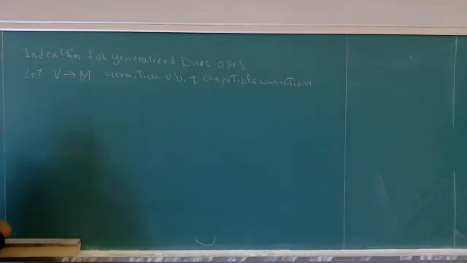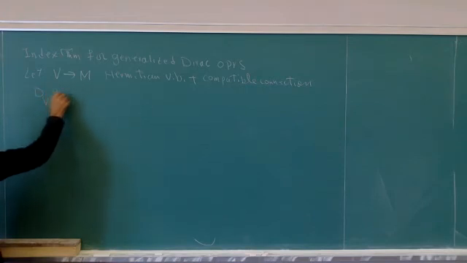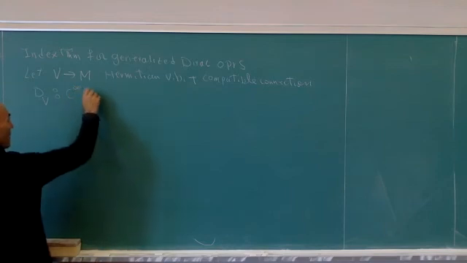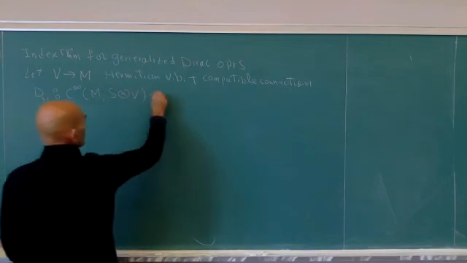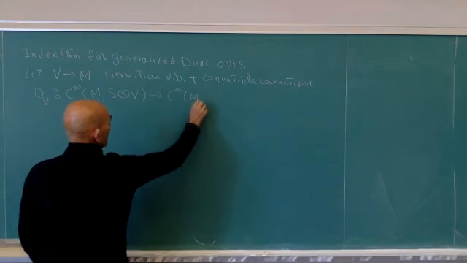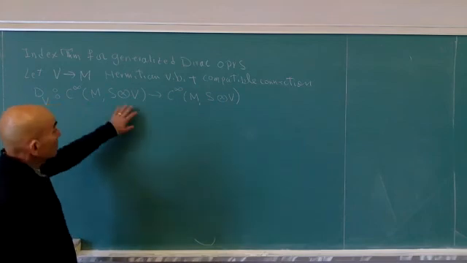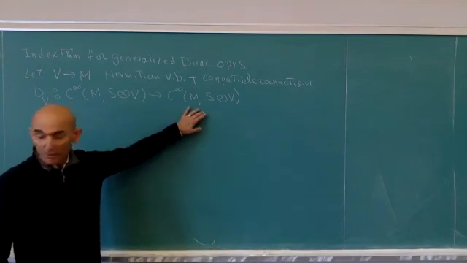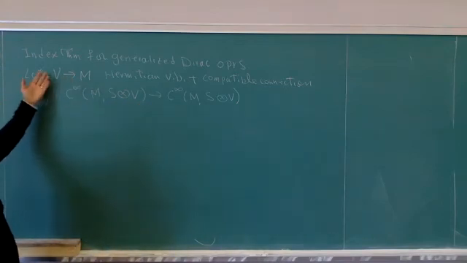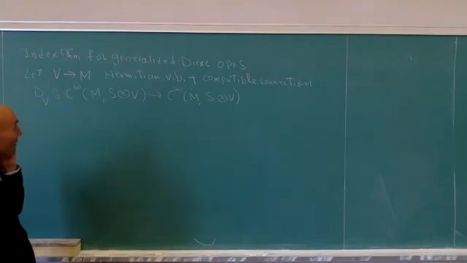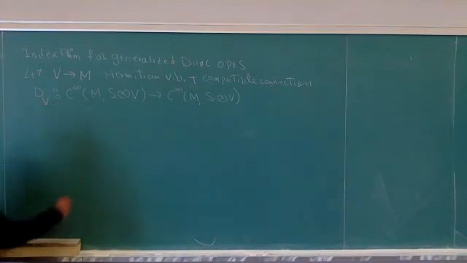And so then we have reconstructed this Dirac operator D_V, which goes from C infinity of M, S tensor V, to C infinity of M, S tensor V, right? So this is more general in the sense that we have now these coefficients. This is a more general class of Dirac operators, and they also have finite index and we want to compute the index.